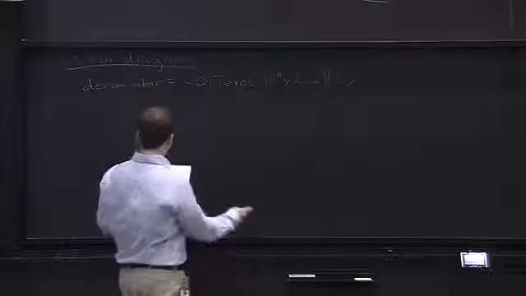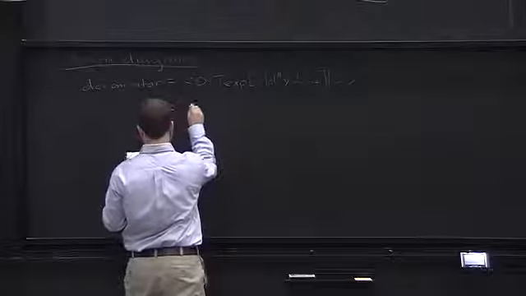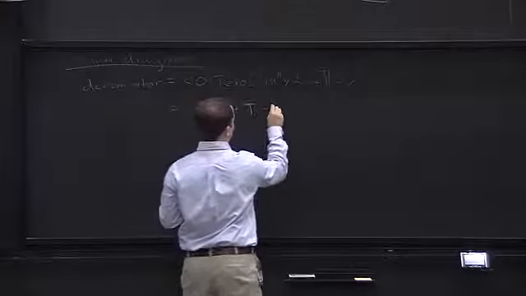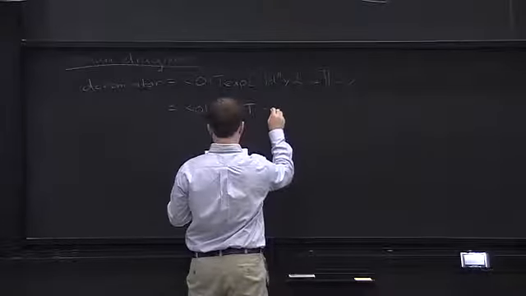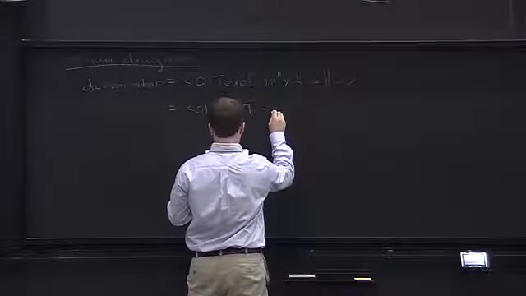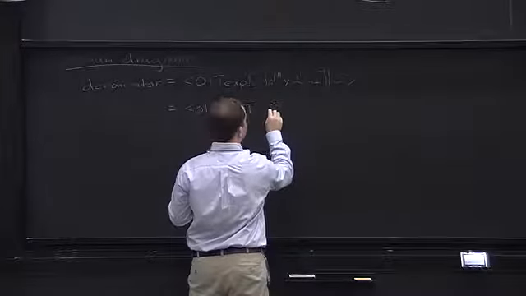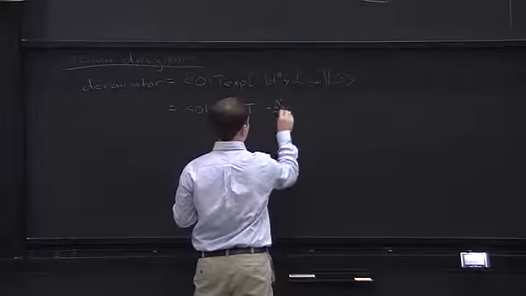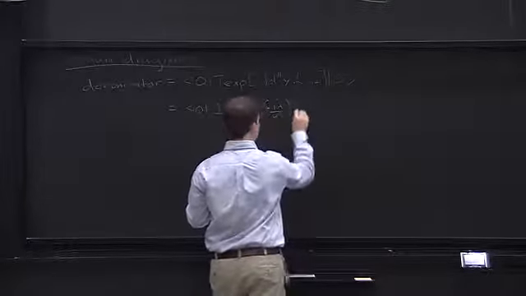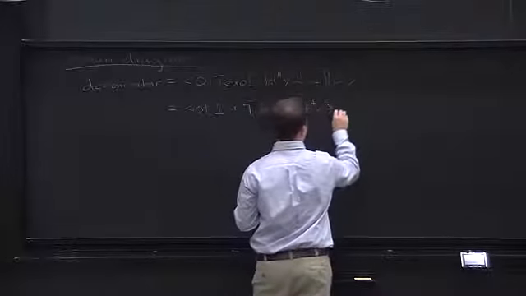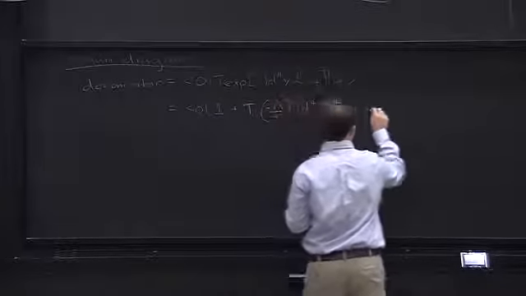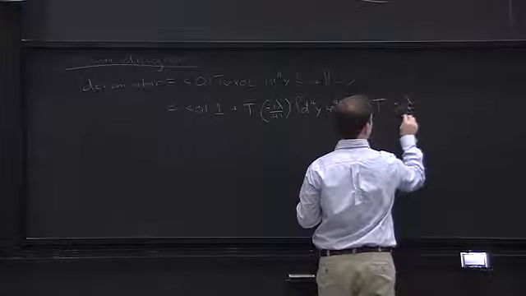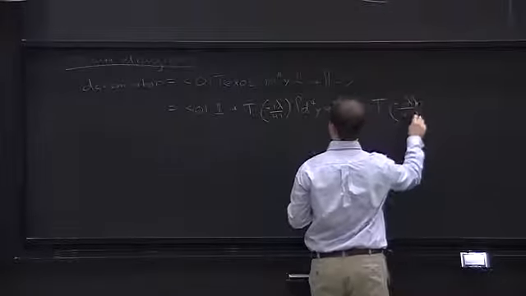And we can expand this out. We get 1, the time ordering of minus i lambda over 4 factorial, our next order term, and then take that term and square it.